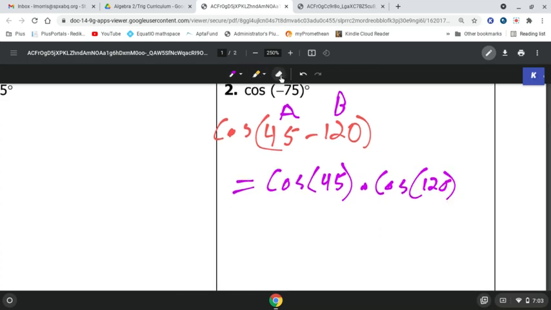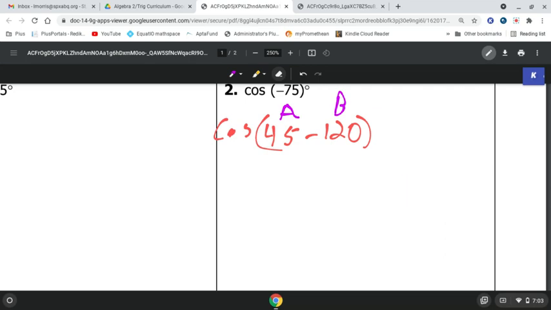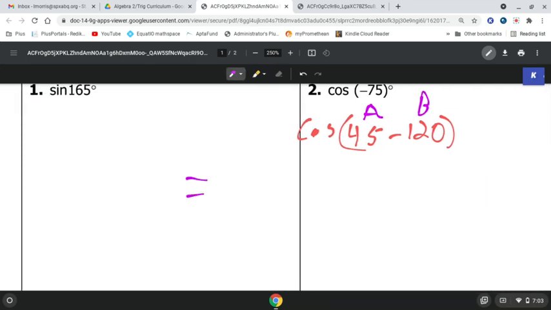And actually, let me move all this over because I'm going to run out of room. All right. So equal to cosine A, which is 45, times cosine B, which is 120.